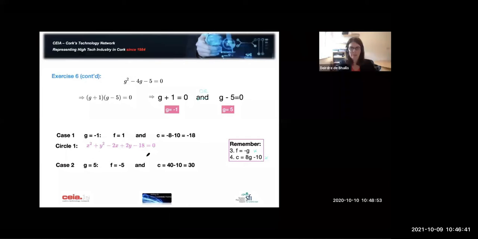Need a little bit of processing time maybe. Okay, so circle 2 in that case gives us x squared plus y squared plus 10x minus 10y plus 30.